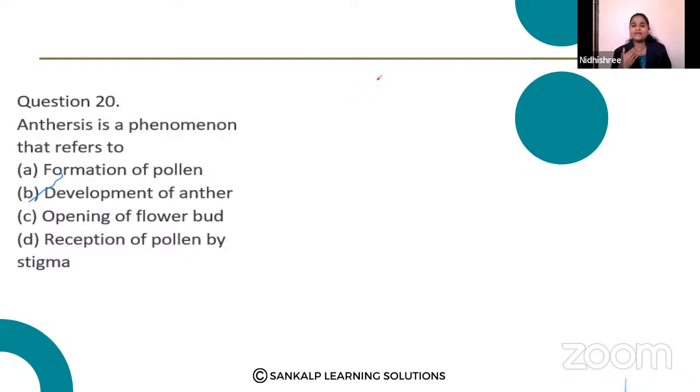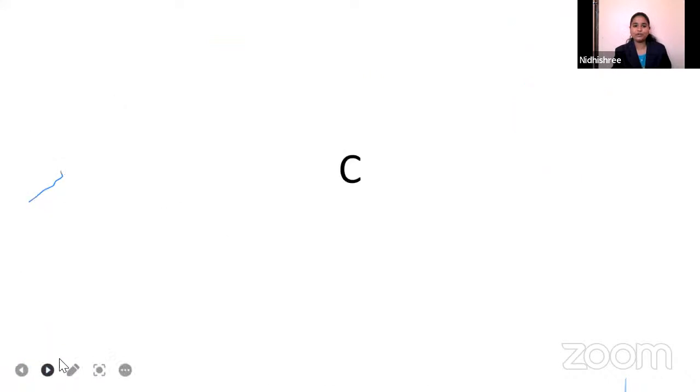Anther formation or development is called microsporogenesis. In the same way, the process of the flower bud opening is called anthesis. The right answer is opening of flower bud. Option C is the right answer. Don't get confused. Read the question properly and then answer.